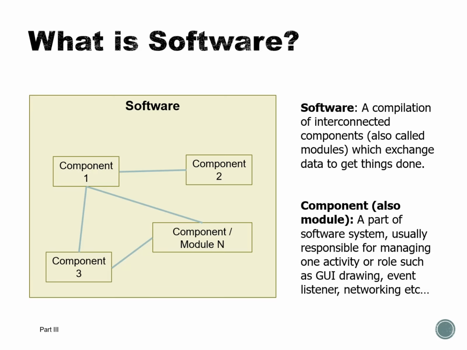So this is a slide you probably already saw in the software engineering methods and models course, so I'm not going to spend too much time on it. So what is software? Software, in an older sense, is a compilation of different components or modules which do something. They manage things and send messages to each other, ensuring that something actually happens.